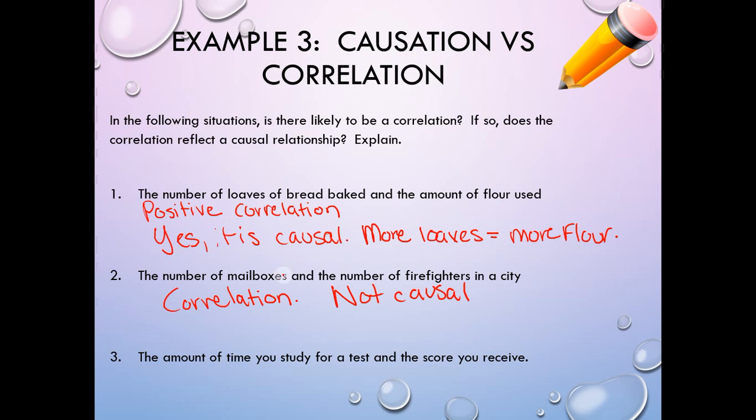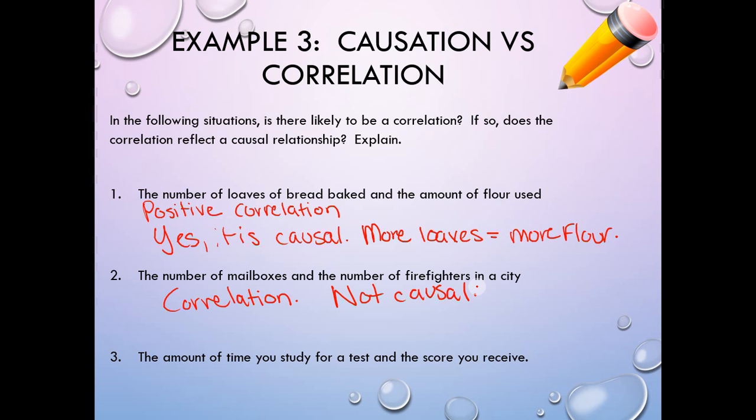Just because I have more mailboxes does not cause me to get firefighters. The increase in people is going to affect the number of firefighters. But there is a correlation. Now, you will see this a lot in news reports. They will say there's a correlation between this and that. That does not mean that they are causing one another.